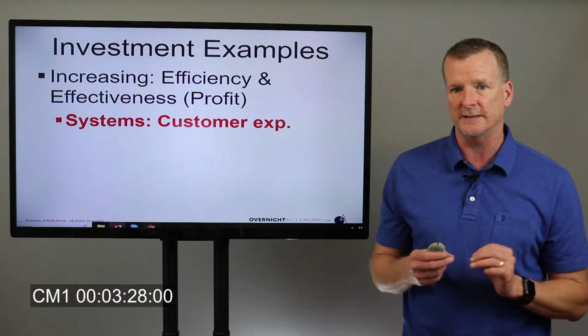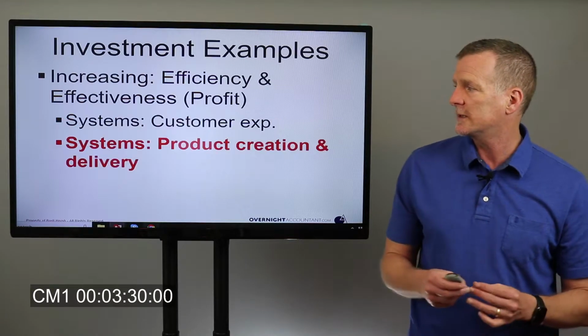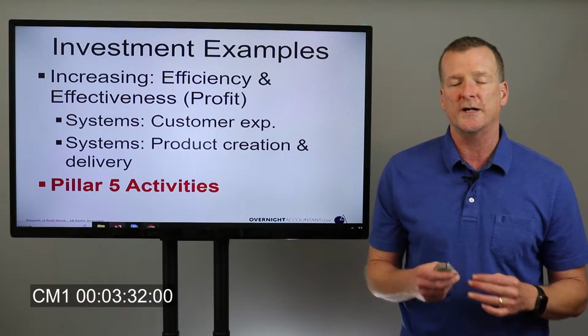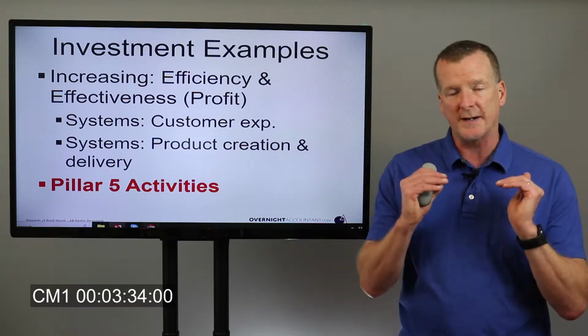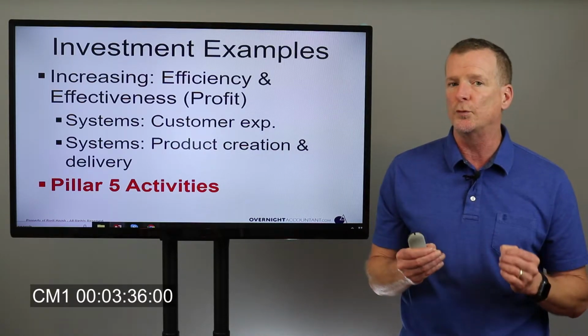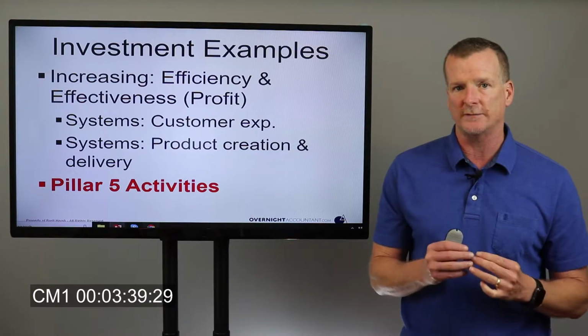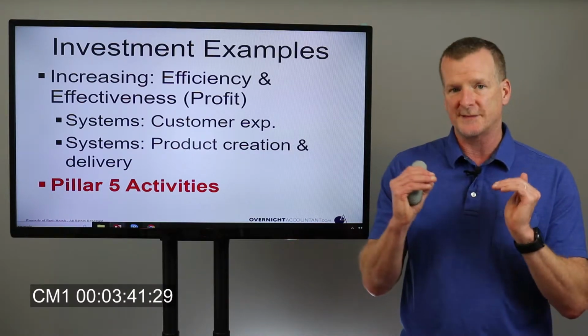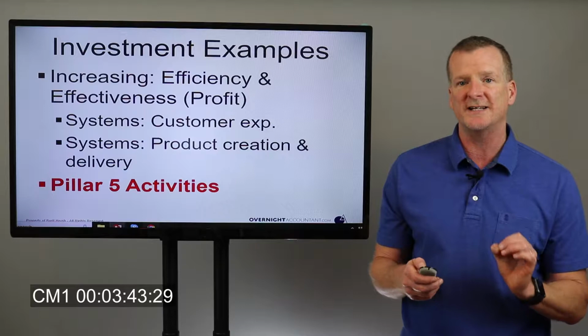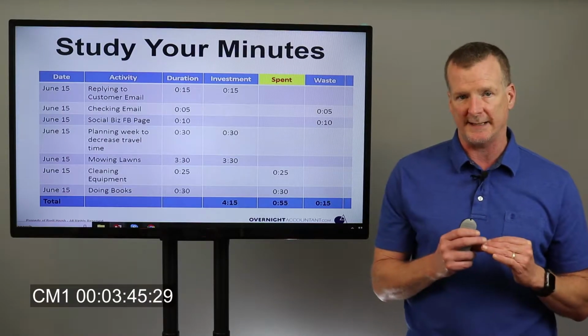Those are investment activities. We want to create systems around a customer experience, systems around product creation and delivery, and also our next pillar, Pillar 5, are really high leverage activities that will help you go to the next level, developing yourself and developing your business. To take it to the next level, those are Pillar 5 activities. Those are also investment activities.